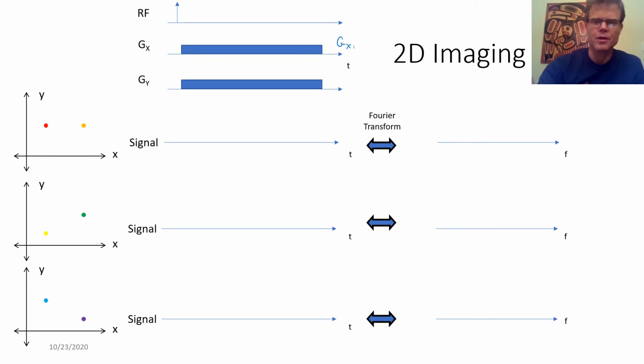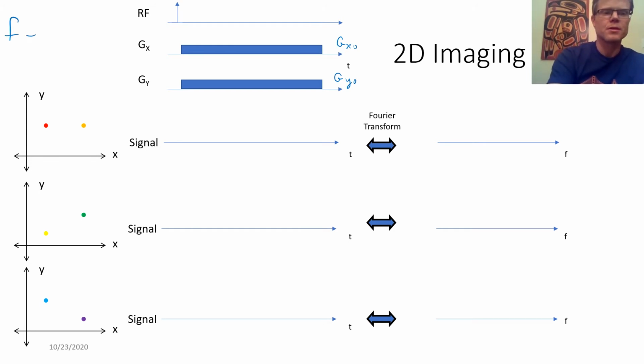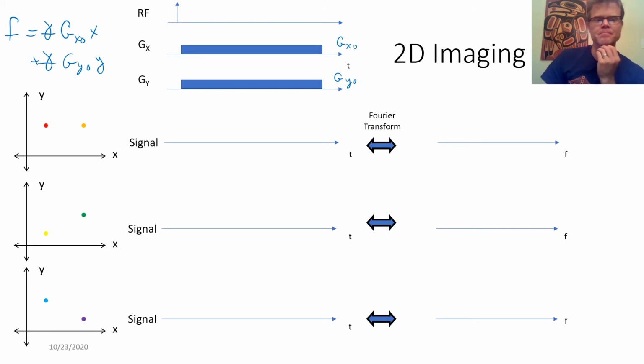So we might turn them on, just say for the sake of argument here, to the same values we had before, in which case now the frequency depends on both X and Y. Okay, so it sort of depends on basically a distance at some other angle.